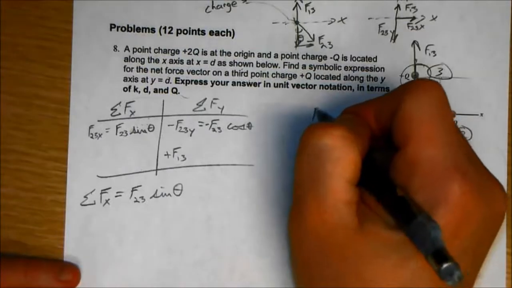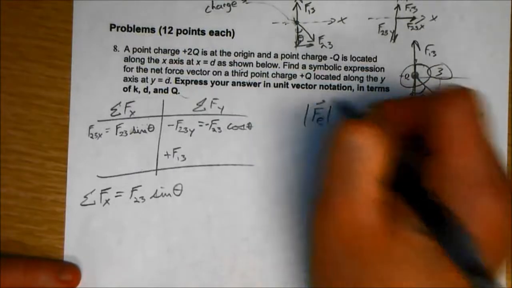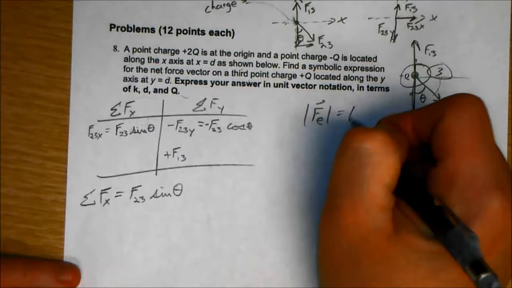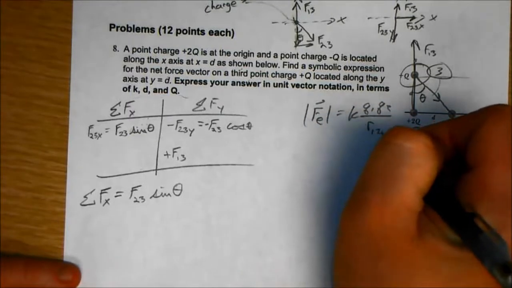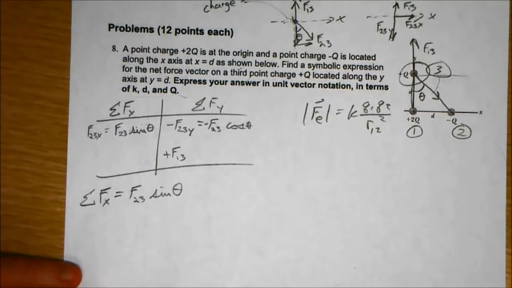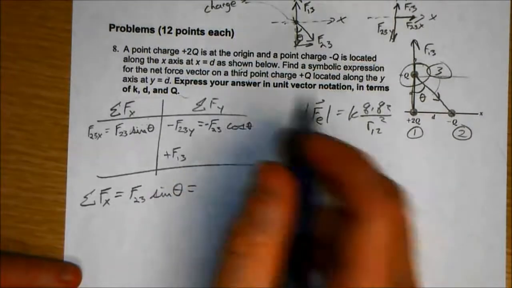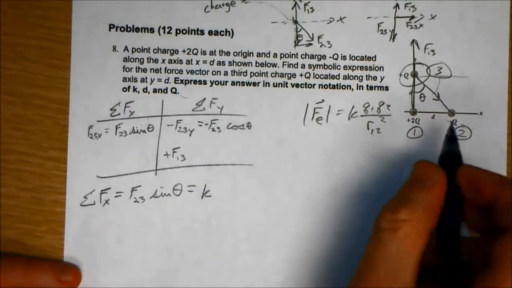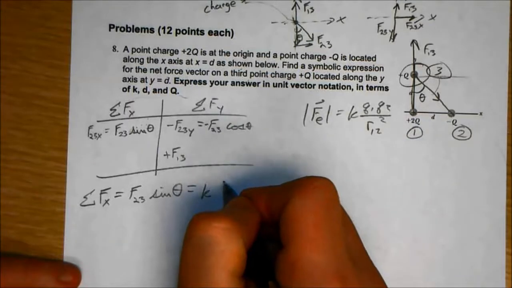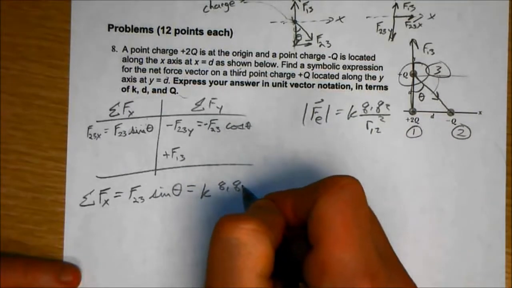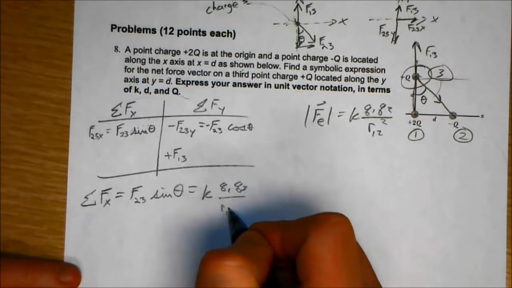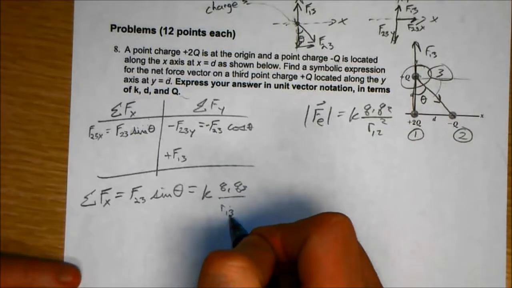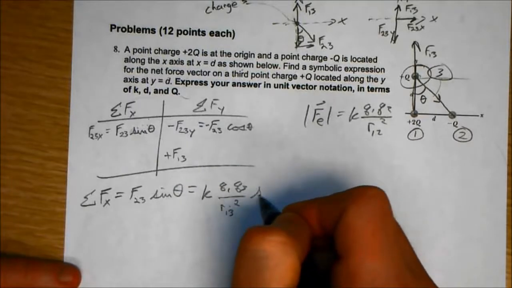Now, if we note Coulomb's law, the magnitude of the electric force is just K Q1 Q2 over R12 squared. We can say this is equal to K Q1 Q3, in this case, because the other charge is Q3, over R13 squared, and sine of theta.